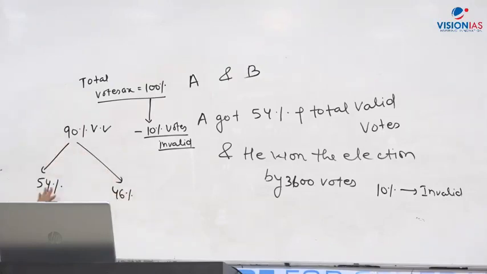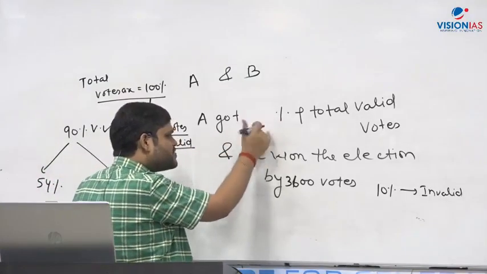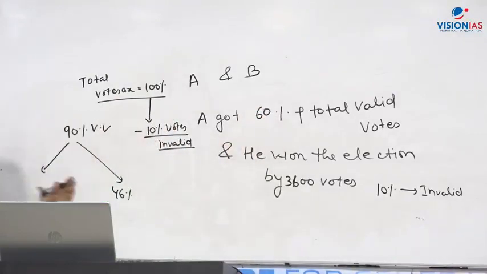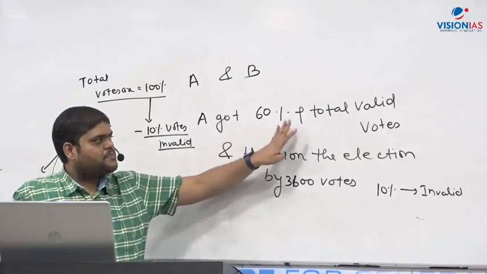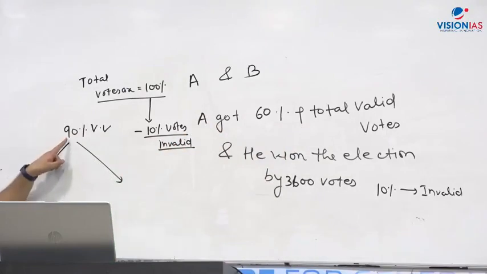Again, the problem is the data looks difficult because I have taken a random thing. Let's make this 60, otherwise it becomes very difficult to solve. Make it 60% of total valid vote. So now Mr. A is getting 60% of total valid vote.